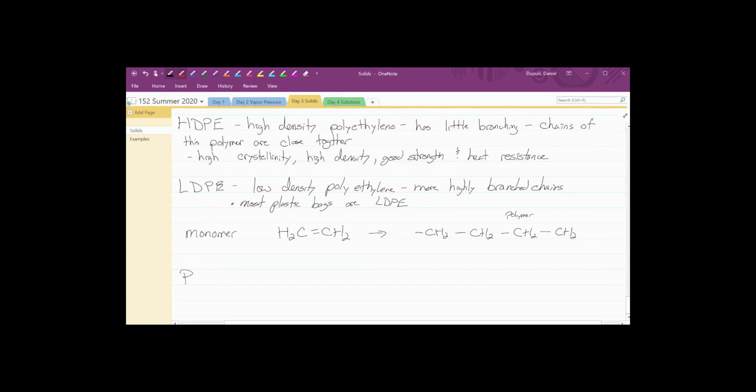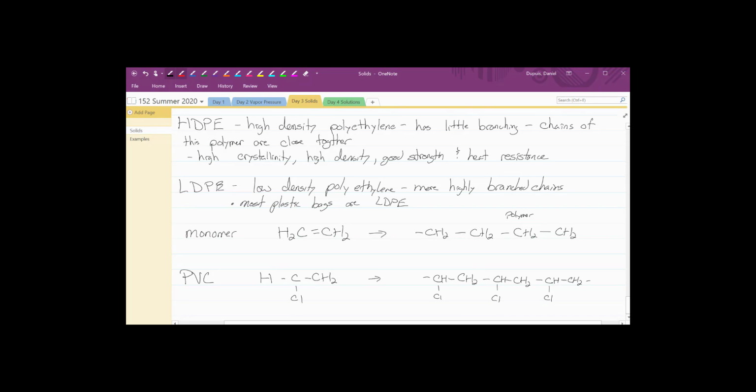Another one that we like to see is PVC, polyvinyl chloride. That's HC, CH2, Cl. All right, and that, when it links up, sorry, it's H. All right, so that's the monomer.